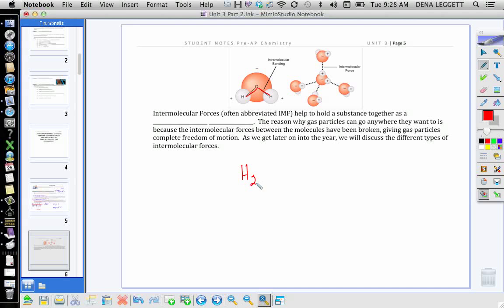If we have water as a liquid with two H's and an O, we're still going to have two H's and an O when we form the gaseous phase. We are not breaking those intramolecular forces. Instead, we're breaking the forces of attraction between molecules of water, between discrete molecules. And those are the forces that hold things together as a solid or a liquid.